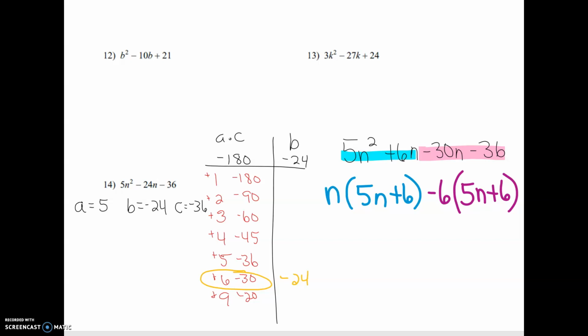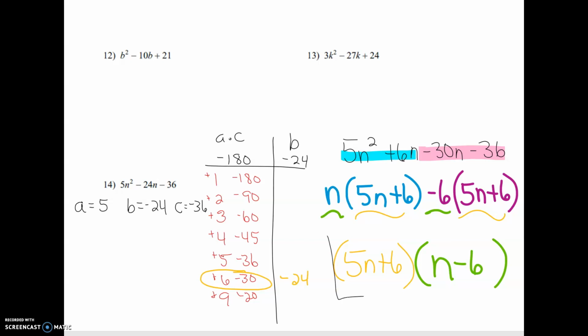Notice here again I have a common factor of 5n plus 6. So let's write that, 5n plus 6. And then here, n and negative 6, I'm going to write in my second parentheses, n minus 6. So this would be your completed answer for number 14.